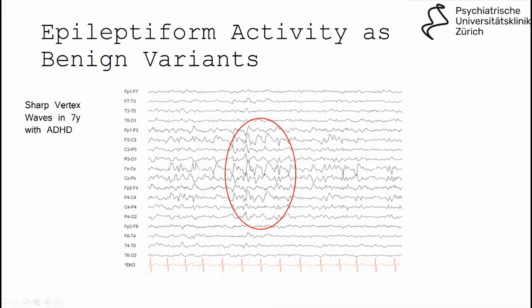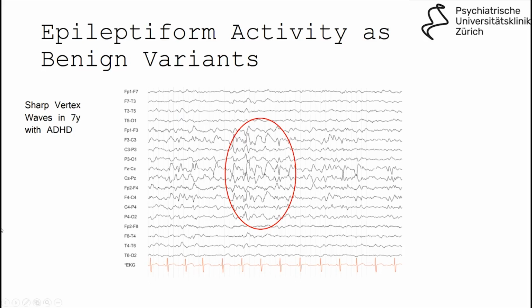What you see are sharp waves localized mainly, as you can see when you look at the montages, in frontal central leads, equally distributed over the frontal mid-cortex. And these sharp waves are clearly identified as, and this is a very important feature of epileptiform activity, they stand out against the background activity.